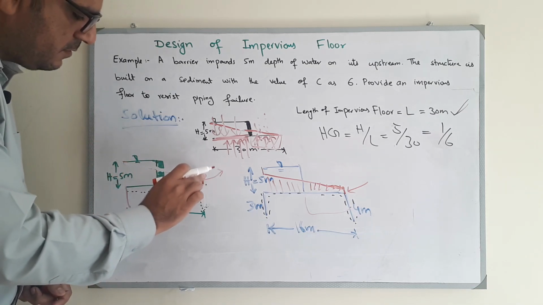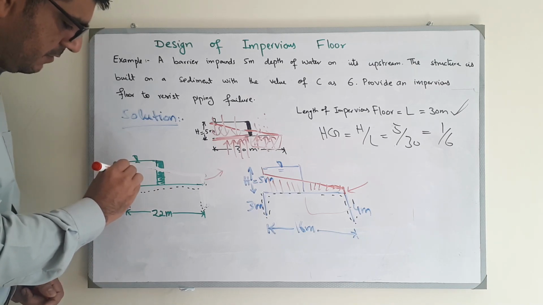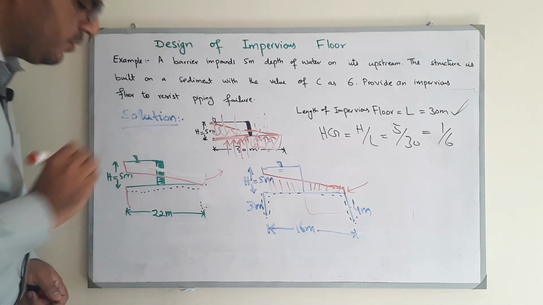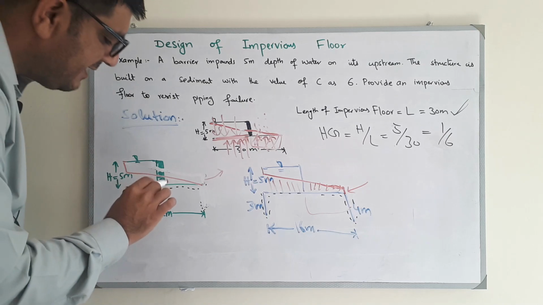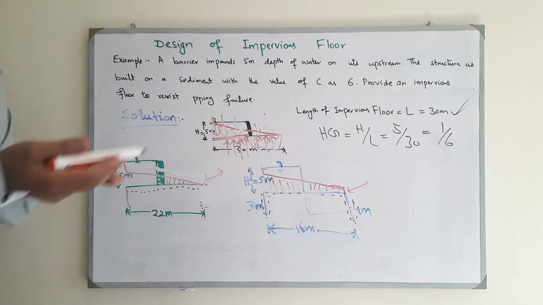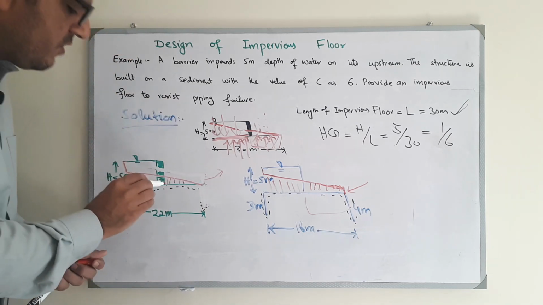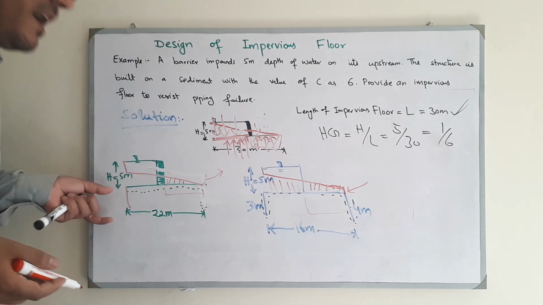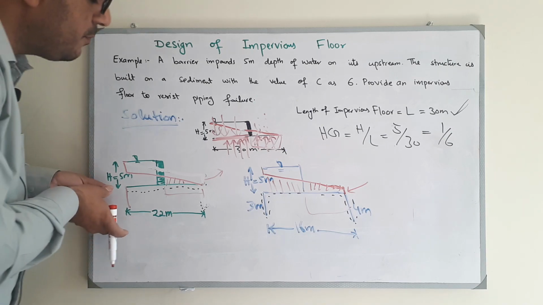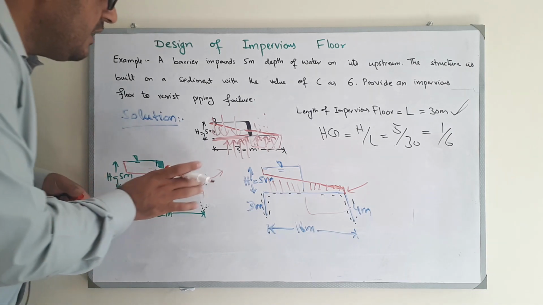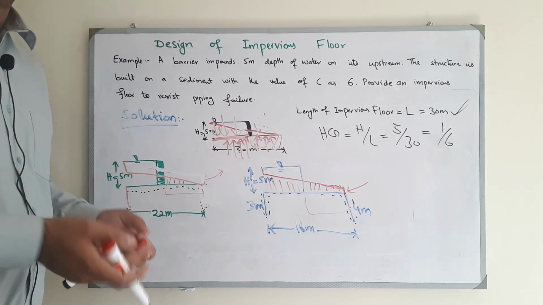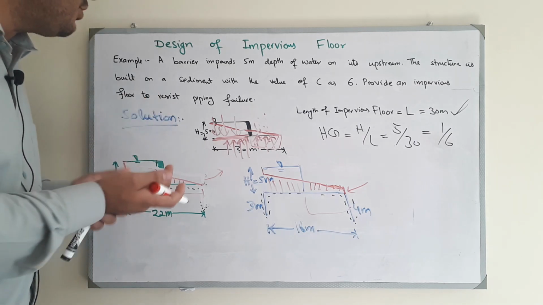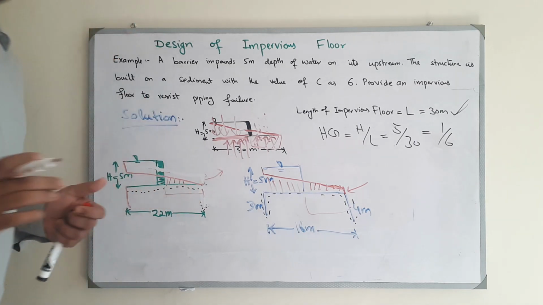Now there will be head loss here, and it will go like this. So now you see the residual pressure, which is responsible for the uplift, is lower in the downstream section. So if you have to provide a single sheet pile, you have to provide it at the upstream because it will reduce the uplift pressure head at the downstream side of the hydraulic structure.